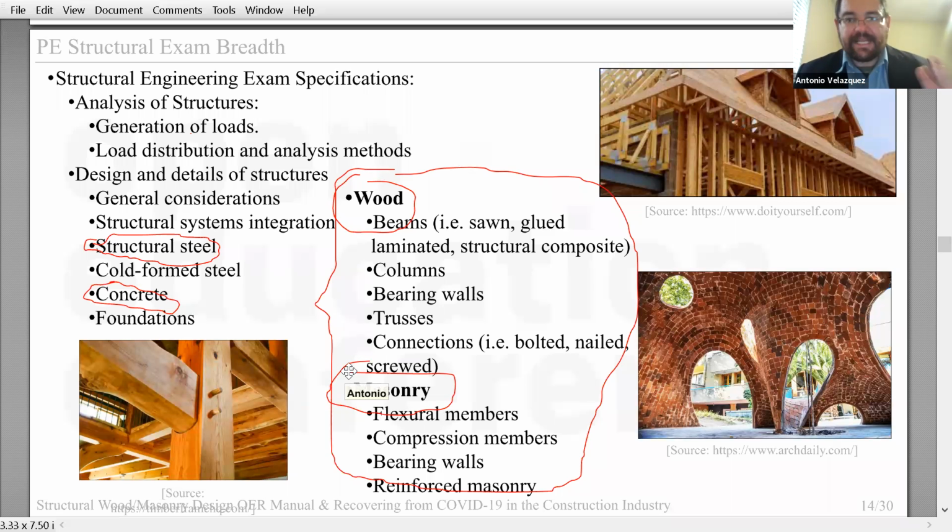And people tend to forget wood and masonry because they think they are not a priority. Well, certainly they are not a priority when you have a good economy, with a lot of money injected into the system for massive construction in steel and concrete. But when you are in a health contingency, like coronavirus, with a very high rate of unemployment, you need to lower your standards and maybe look to the real estate industry, like low-rise construction, home construction, housing construction.